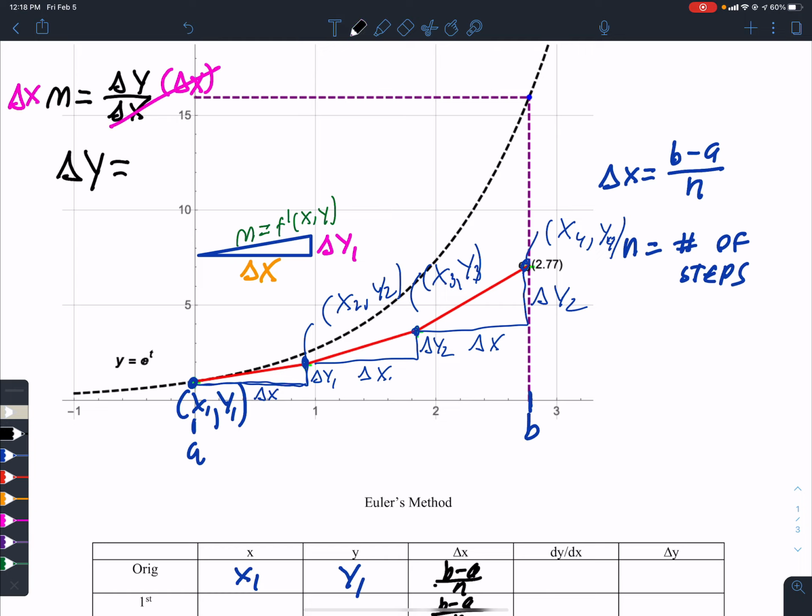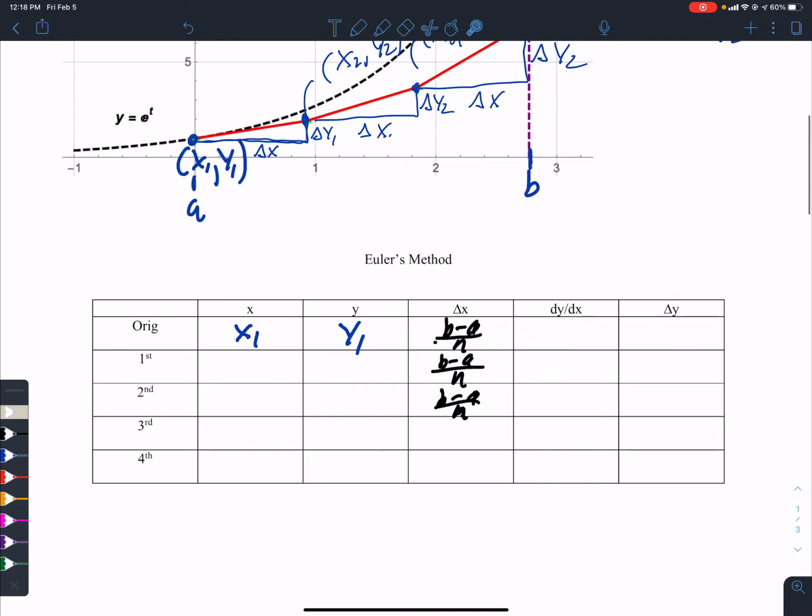Now we have delta y is going to be the slope, but what is the slope again? The slope is the derivative. I'll write it down first. M delta x. But the slope is the derivative at that point times delta x. So we can find delta y by having the derivative, multiplying it by delta x. So once we find the derivative, multiply by delta x, we will get a delta y.